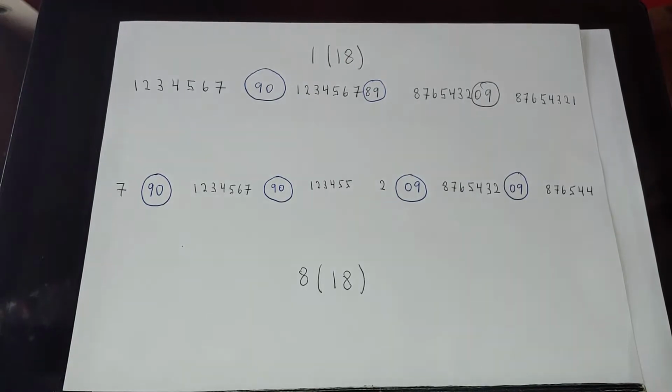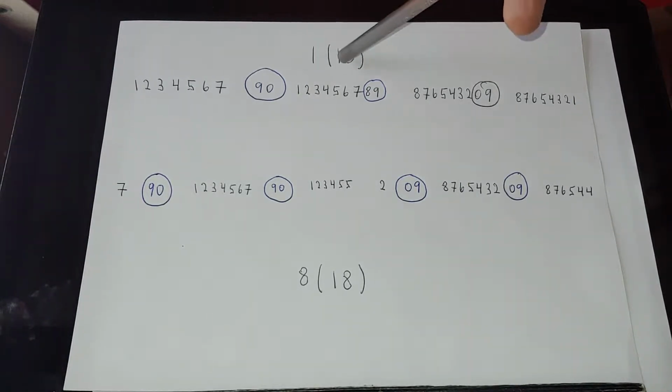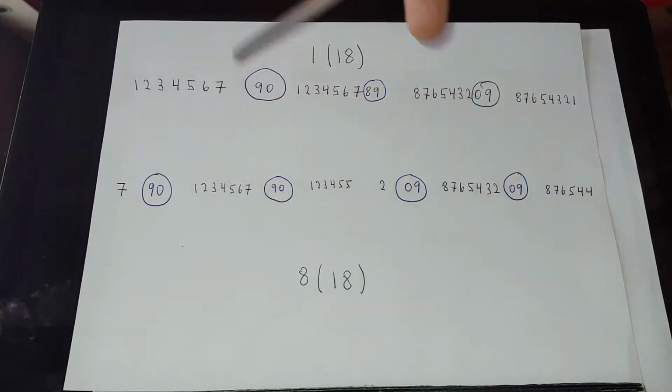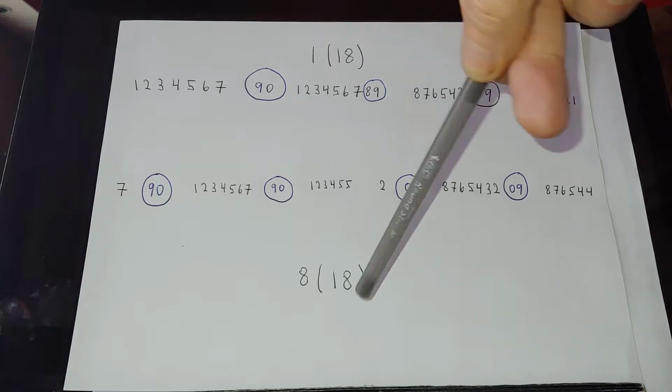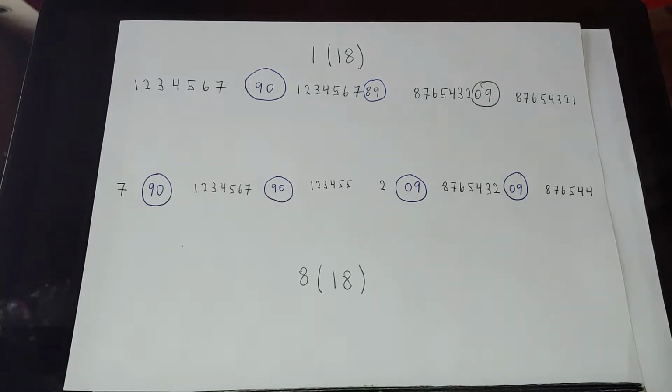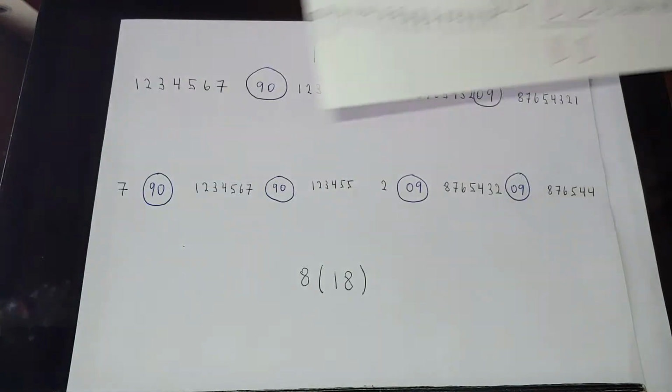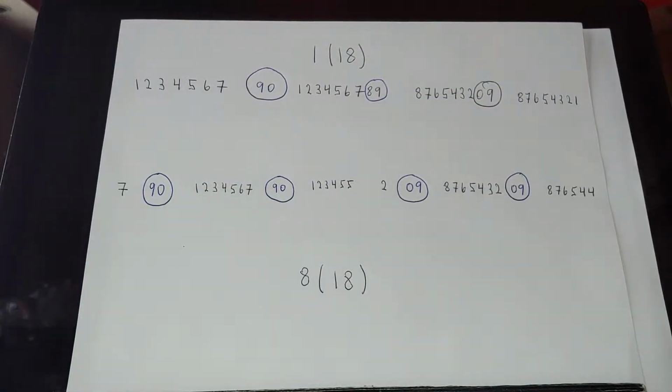And now we're going to look at the difference between 1 and 8 to 18. Now the triangle that we're examining is this large, as compared to the smaller triangle.